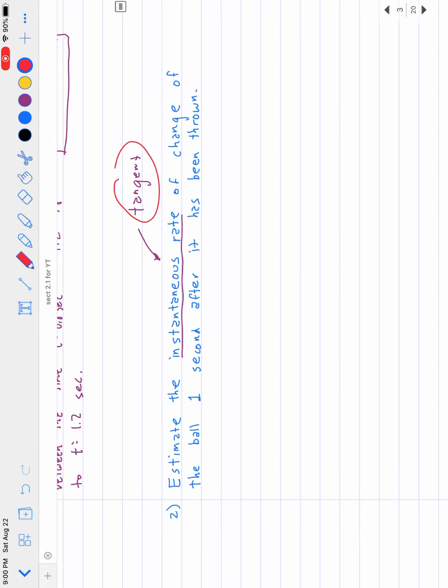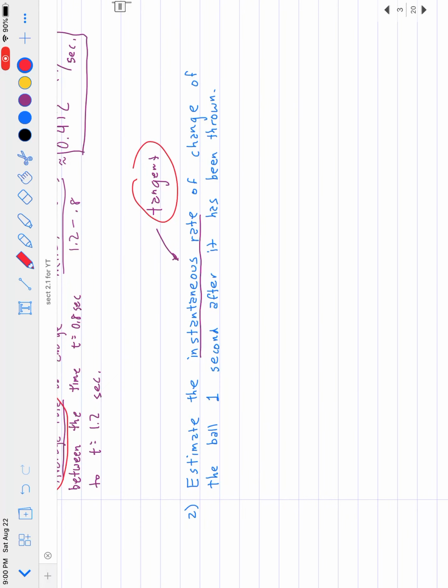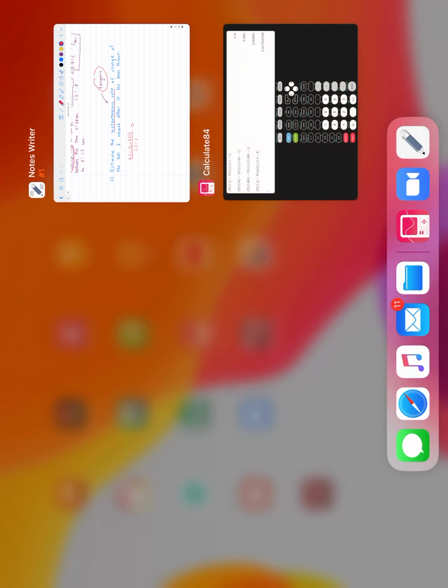Just like before, let's say this time I use h of 1.1 minus h of 1, all divided by 1.1 minus 1. Let me erase that to make it nicer looking. So let's get an estimate for that one.